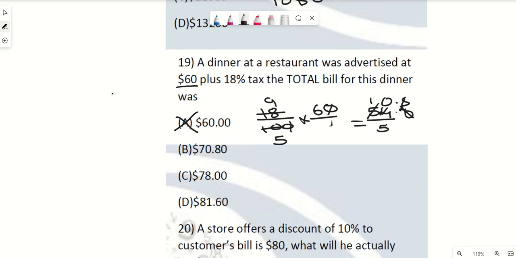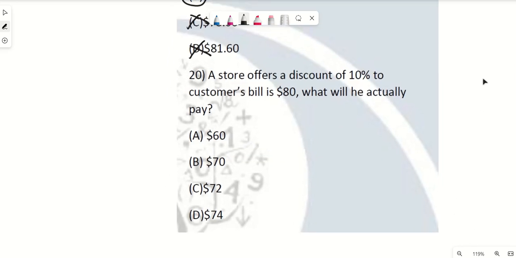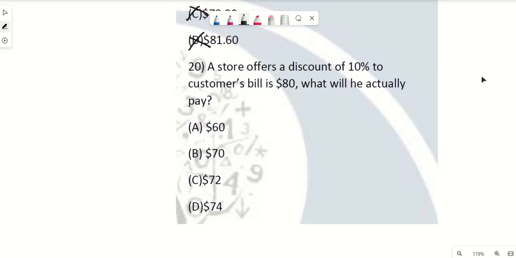So 60 plus $10.80 will not give you 70, it will give you 70.80. The answer is B.